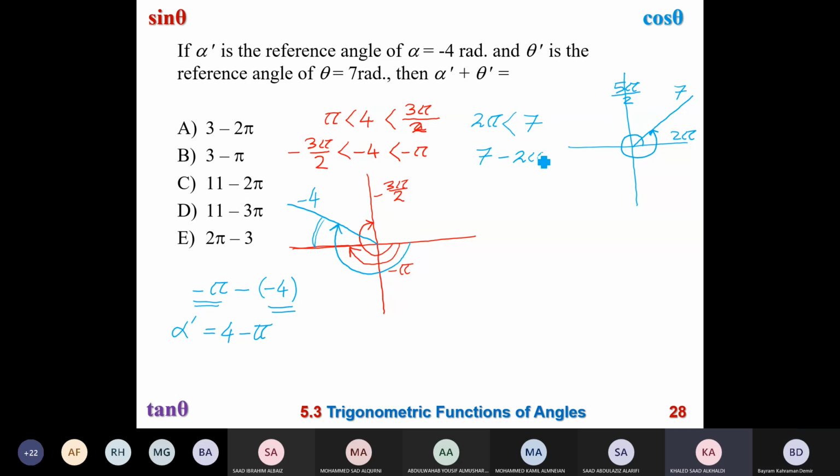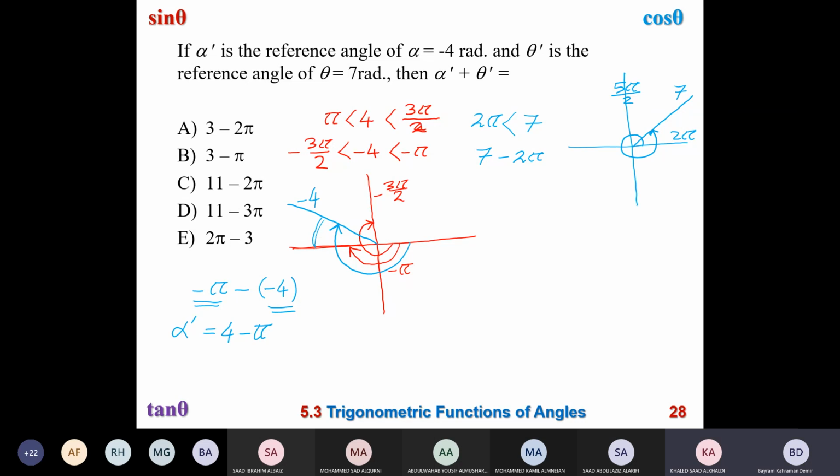And what if it's in the second quadrant or third? If it is in the second quadrant, then you need to take the difference with 3 pi, because if you come to the second quadrant, you're going to see the 3 pi, right? You see?